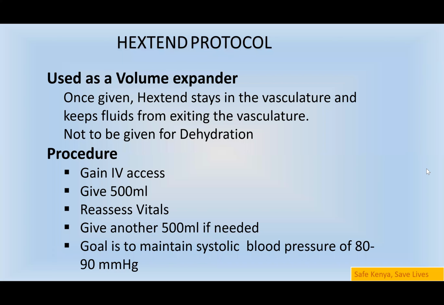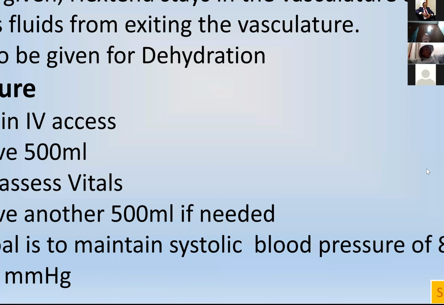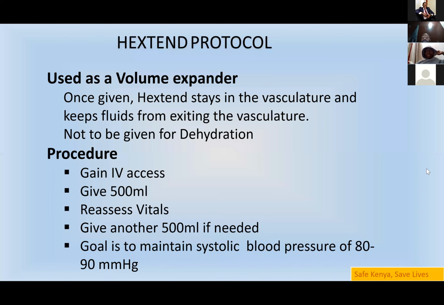If the signs are not stable after 30 minutes, we give another 500 milliliters, and so on and so forth. If we don't have any blood pressure machine, then we would just check the radial pulse to see if it's bounding or if it's palpable. And if it's not, then we give another 500.